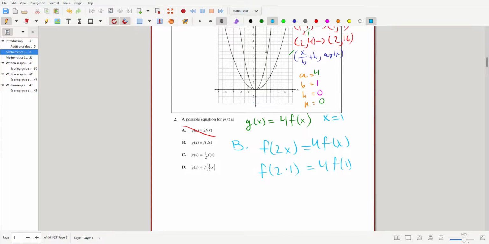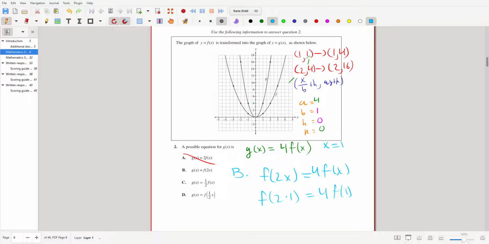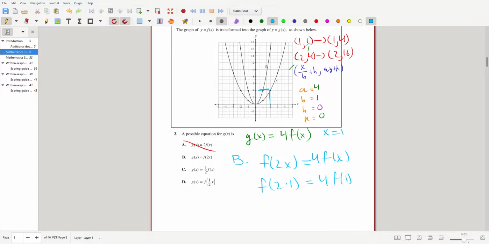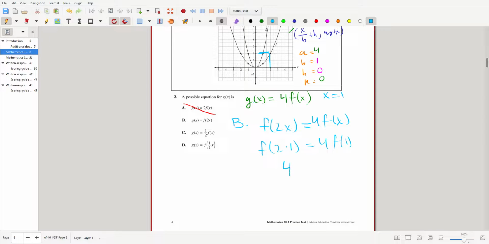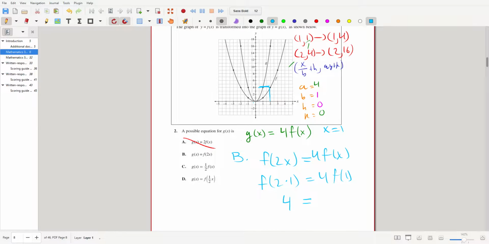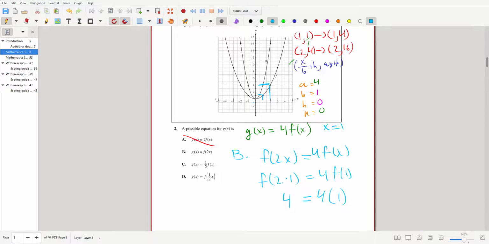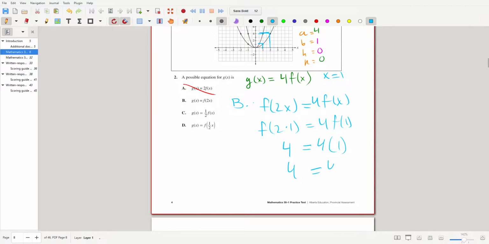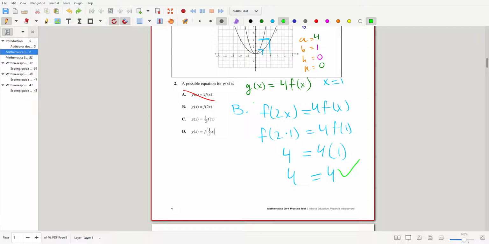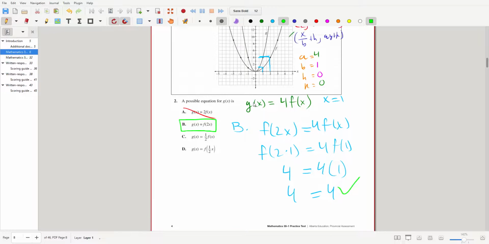So f of 2 is 4. Okay, so this would be 4, and 4 times f of 1, and f of 1 is 1, so 4 times 1, and this is just 4. So 4 equals 4. This one is correct. So it looks like B is a possible equation for g of x. Alright.